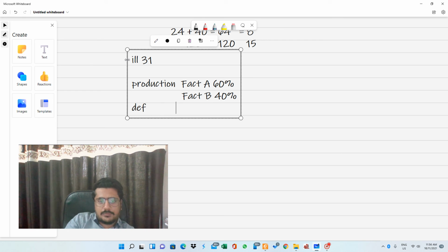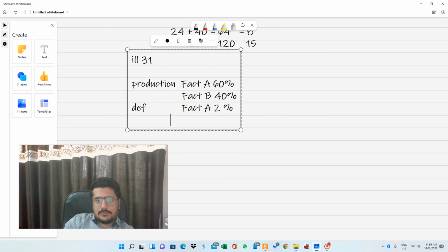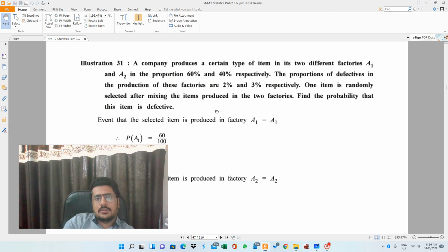Defective items from factory A are 2% and from factory B are 3%. My question is that one item is selected after mixing the items produced in the two factories.